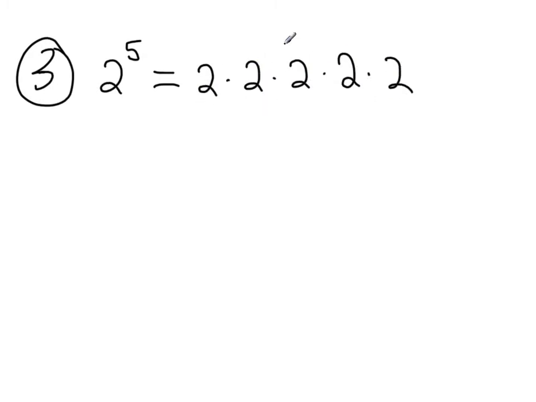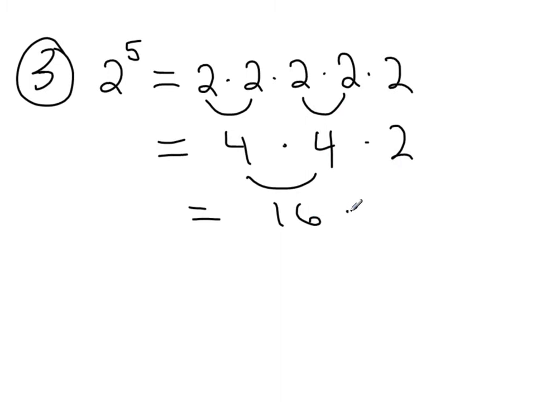I got 1, 2, 3, 4, 5 2s. Okay, so I multiply them all together. It doesn't matter what order we multiply in, as we learned from multiplication. So I'll multiply these 2 together, these 2 together, and that extra 2 at the end. And I still got to multiply further. 4 times 4 is 16 times 2, which gets me 32.